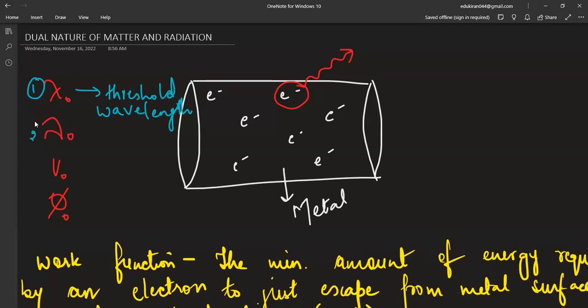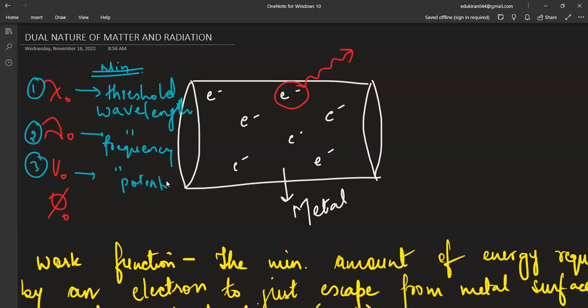Secondly, you have a certain frequency which has to be crossed. All these are minimum values, and these minimum values have to be met. So for frequency, this is known as the threshold frequency. This is the threshold potential.